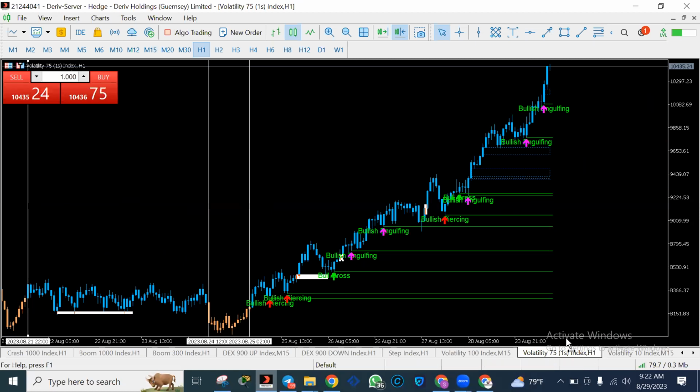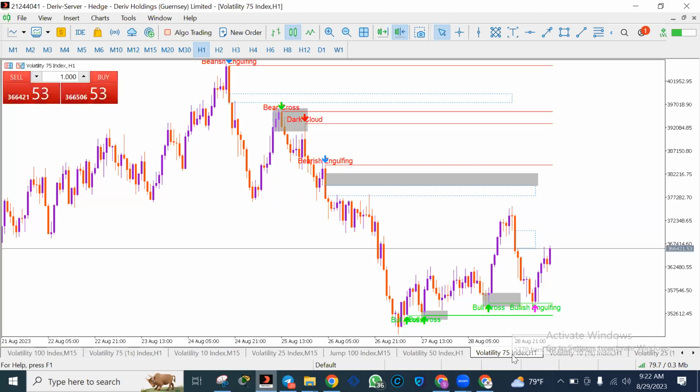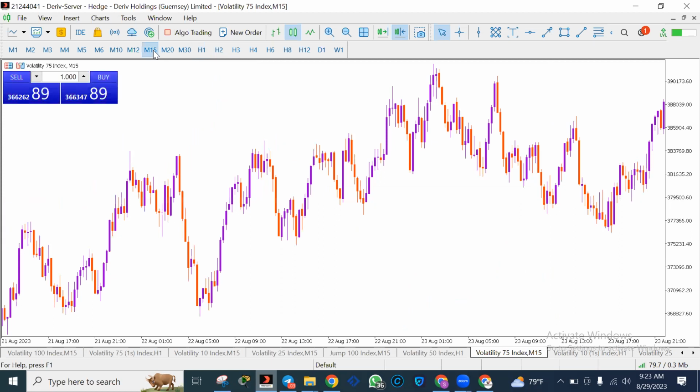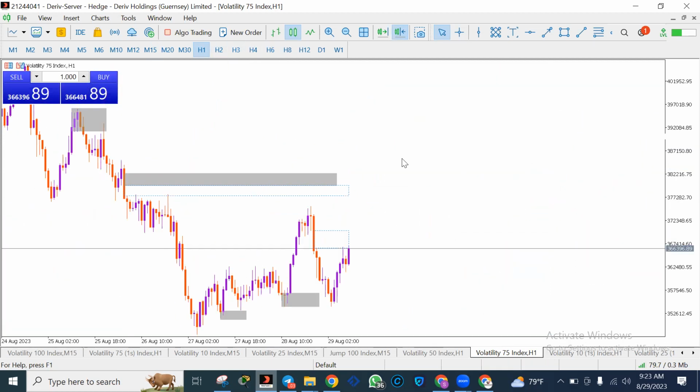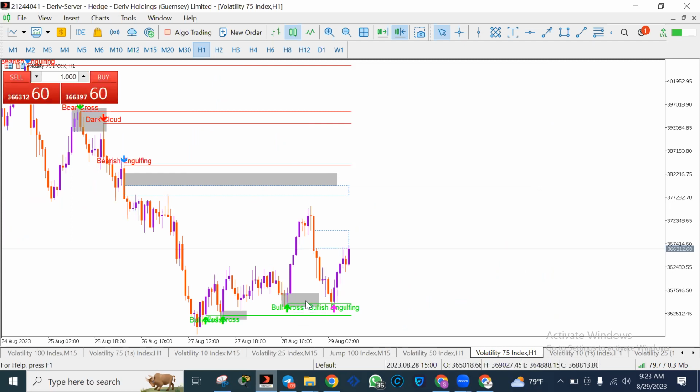So let's go to volatility 75, one of those crazy pairs. So you can see this particular trade. I marked them using that first trading system, which I taught you guys. So on H1, what did we have? Let's see. We had a bullish cross.